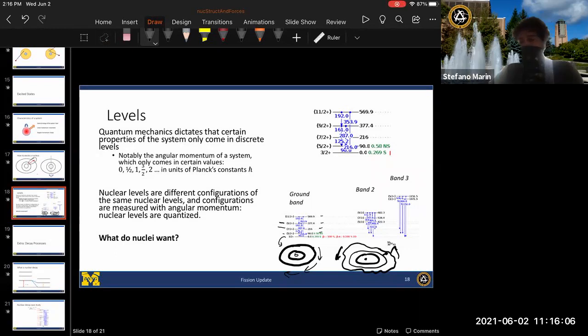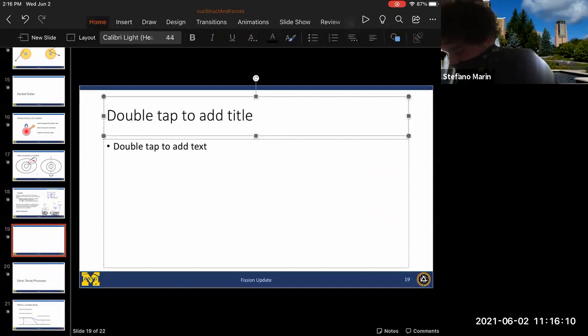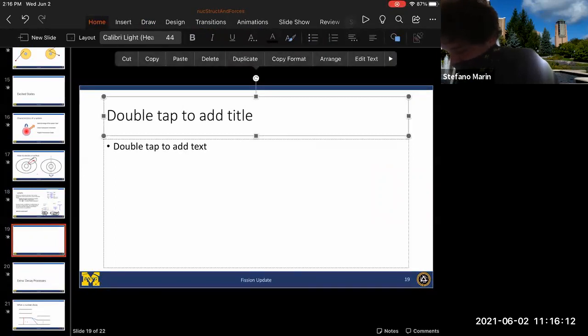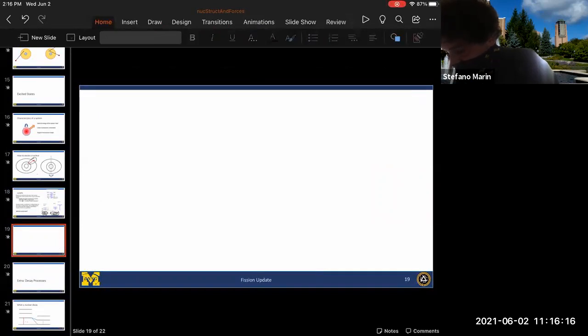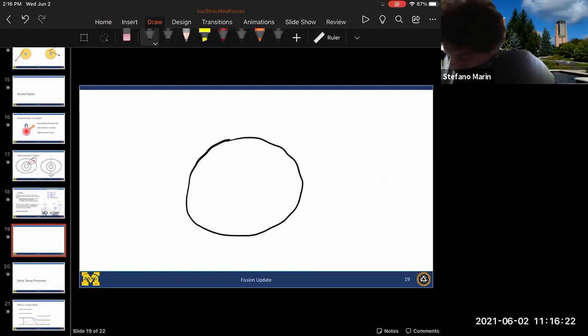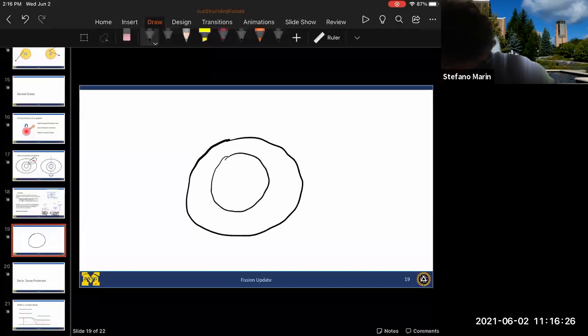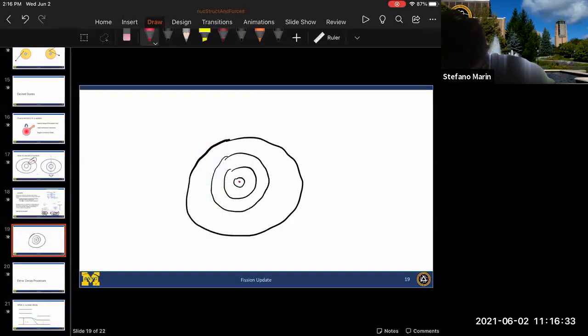To answer this, I want to use a nice picture, because it's a nice way of thinking about why we have different types of photons and why they come at different energies. So let's say this is the outermost electrons, coming back in all the way down to the nucleus.